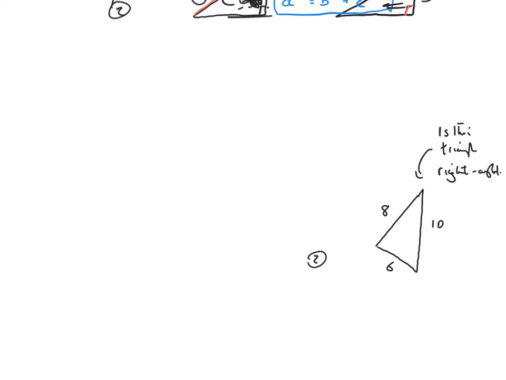Does 10 squared equal 6 squared plus 8 squared? Well, 10 squared is 100, 6 squared is 36, and 8 squared is 64. So yes, it worked again. 100 equals 100. So LHS equals RHS. Therefore, the triangle is right-angled.